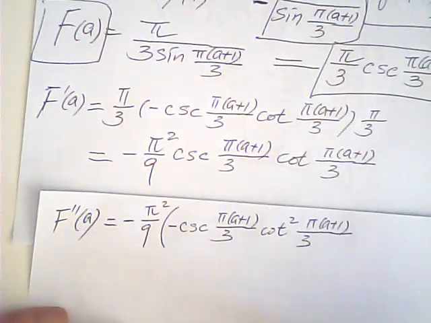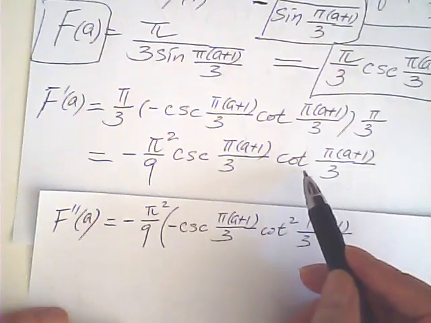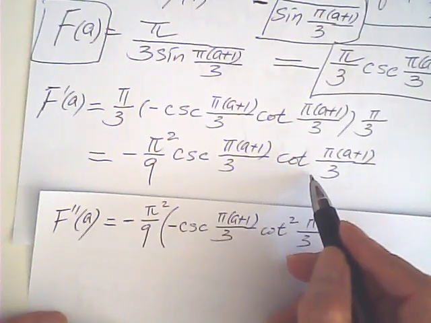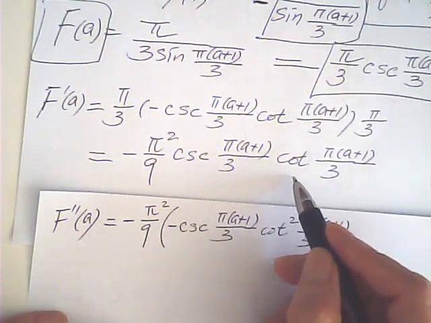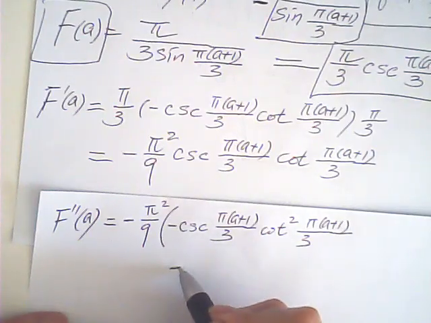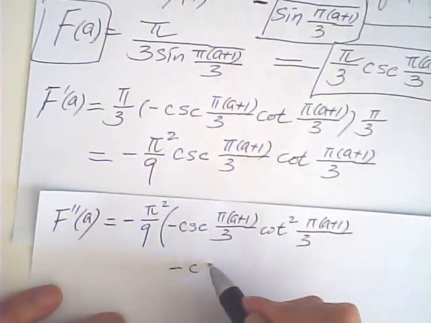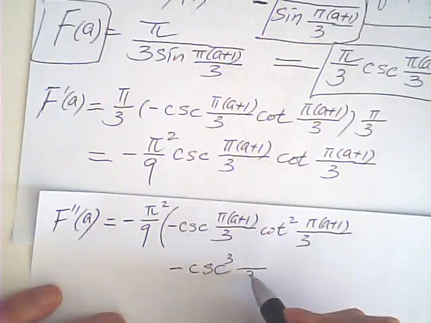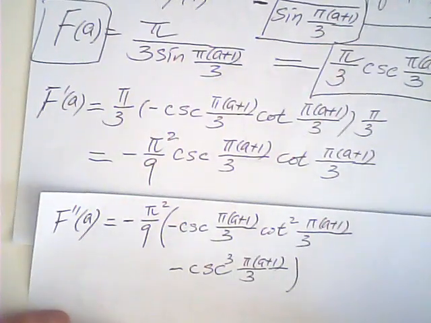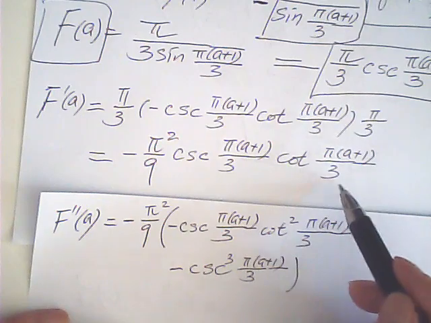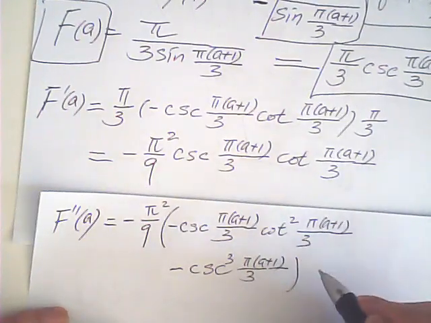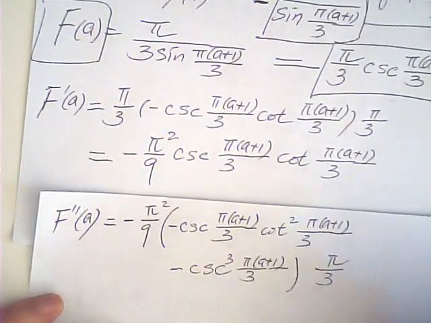Then the other product: the derivative of cotangent is negative cosecant square, so minus times cosecant gives cosecant cube, with the chain rule factor 1/3 pi.